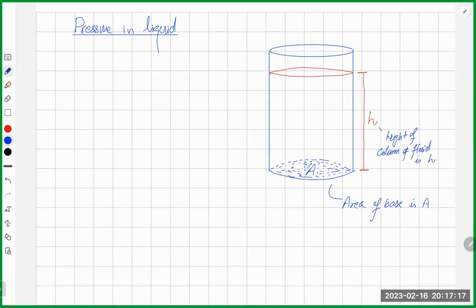The density of the fluid inside is rho. This is the container. Now, what is the pressure of the fluid?